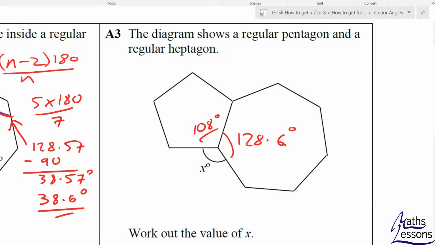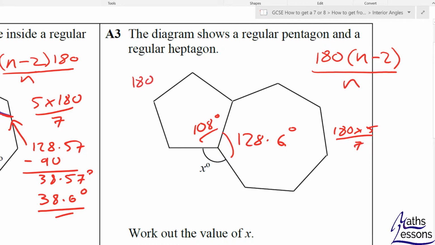Remember, we're using the formula again: 180 times (n minus 2) gives all the angles inside, and to get one of them we divide by n. So for this one it's 180 times 5 over 7, and this one is 180 times 3 over 5. Therefore x will equal 360 minus 108 minus 128.6, which gives us 123.4 degrees.